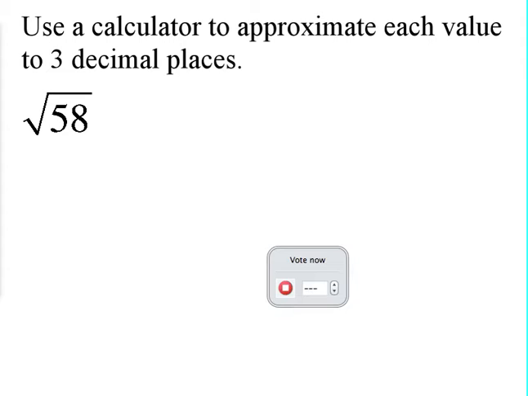Okay, I'm going to give you about 10 seconds to finish up the square root of 58. Enter it to 3 decimal places. Oh, there you go. So you just type 7.